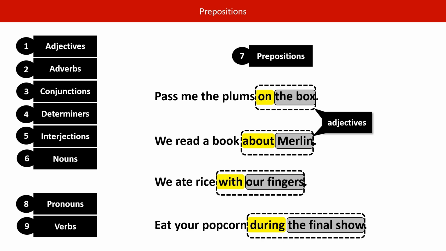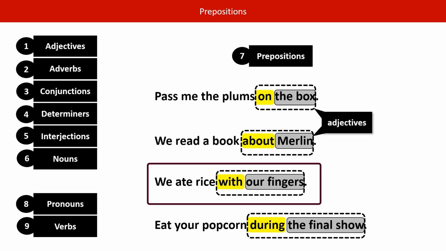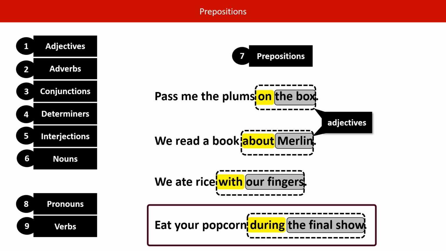But look at the third one. We ate rice with our fingers. This prepositional phrase tells us how we ate rice. We ate rice quickly. We ate rice slowly. We ate rice with our fingers. That's an adverb. Eat your popcorn during the final show. This is telling us when to eat the popcorn.